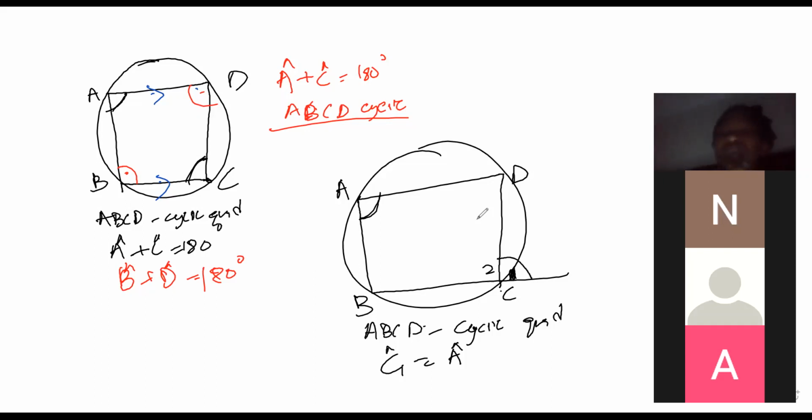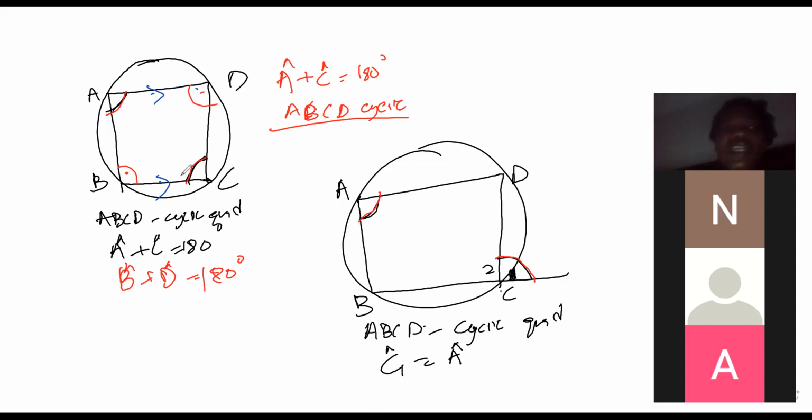So if you were to be asked to prove that something is a cyclic quad, either you prove exterior angle is equal to the interior opposite angle, therefore that will be a cyclic quad. Or when you add the interior opposite angles, they add up to 180.